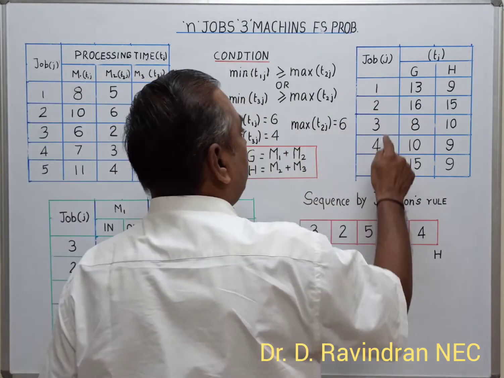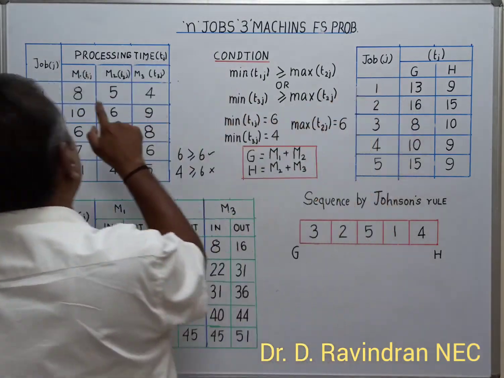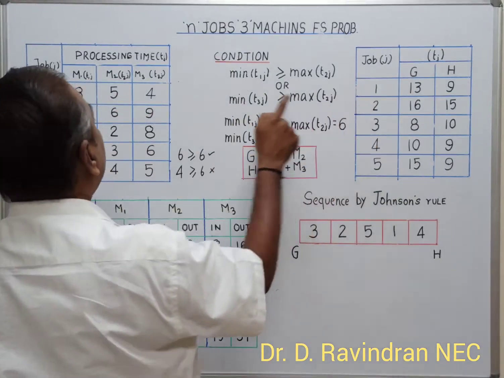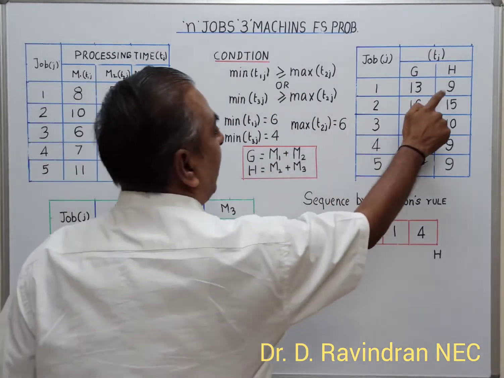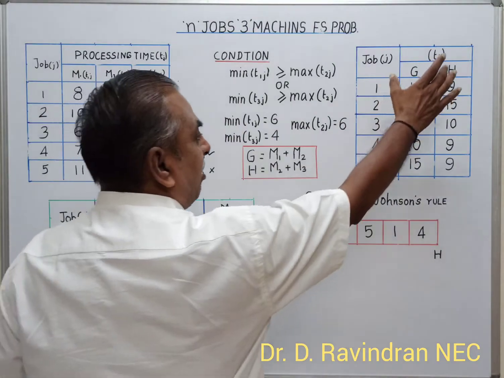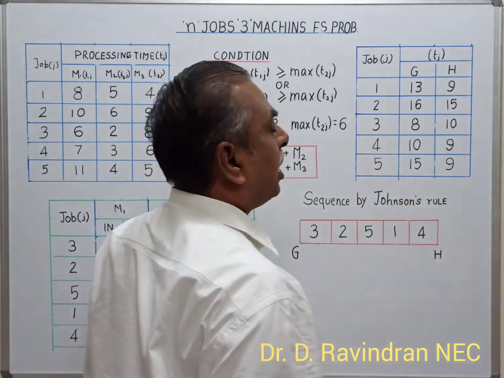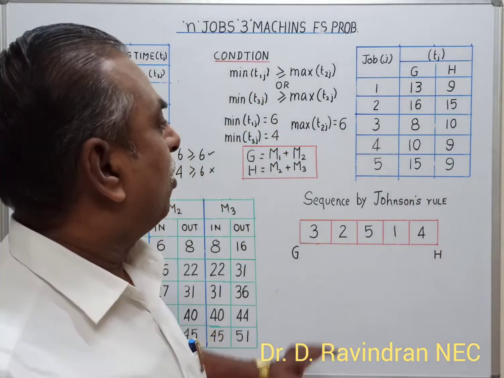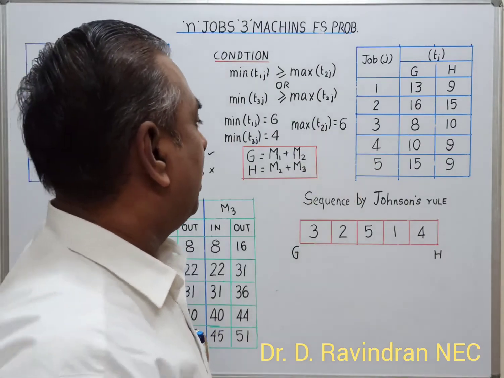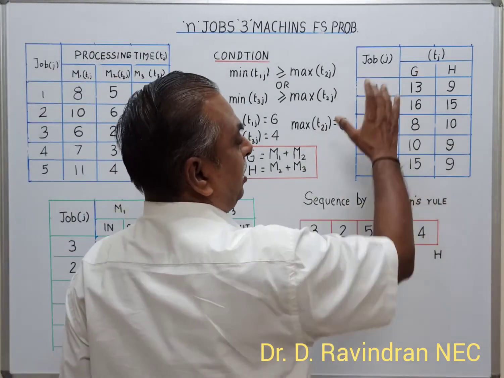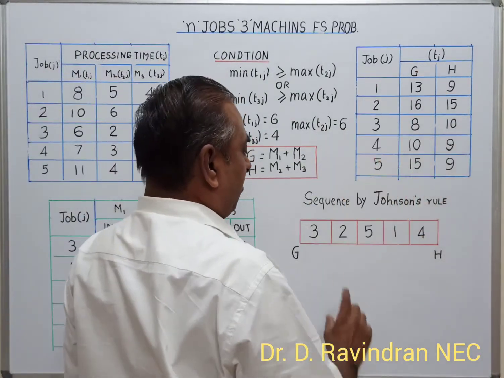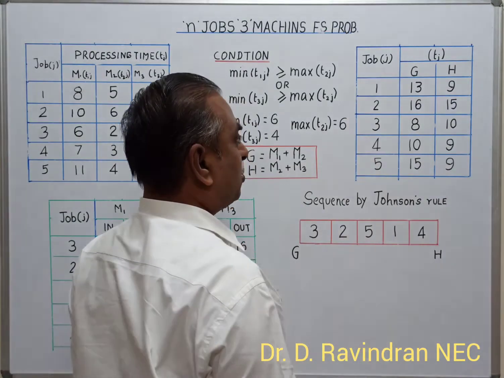Now, for the same jobs, I have just added 8 plus 5, 13, and 5 plus 4, 9. Similarly, we have found the processing times of G as well as H for all the 5 jobs. Now, using these processing times, we can find the sequence using Johnson's rule.